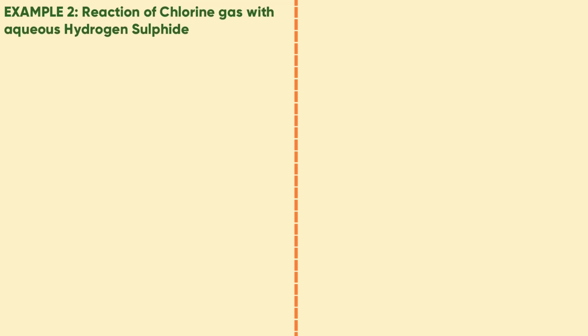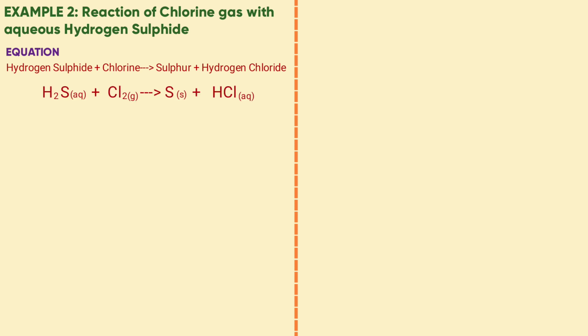Now, example 2 is reaction of chlorine with aqueous hydrogen sulfide. The reaction is as follows: hydrogen sulfide plus chlorine gas gives you sulfur plus hydrogen chloride. The chemical equation is H2S aqueous plus chlorine gas, arrow, sulfur solid plus HCl aqueous.